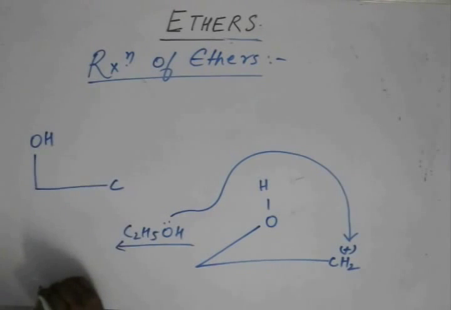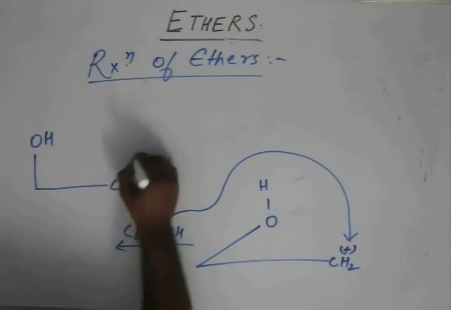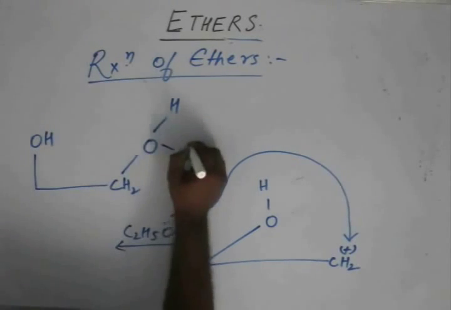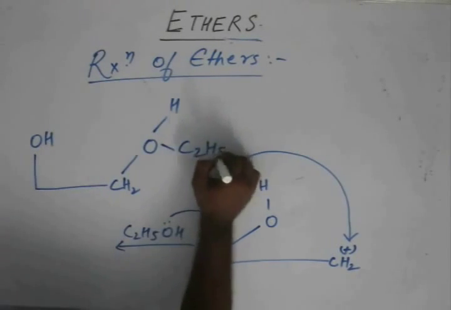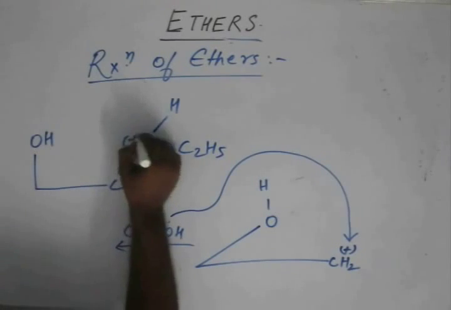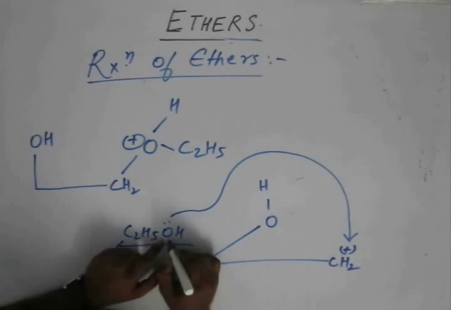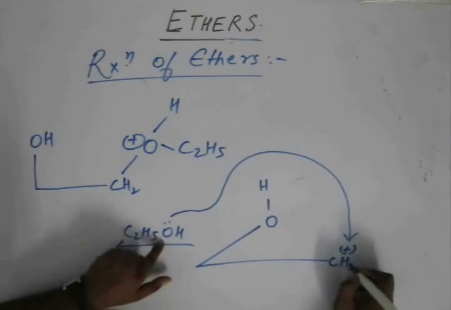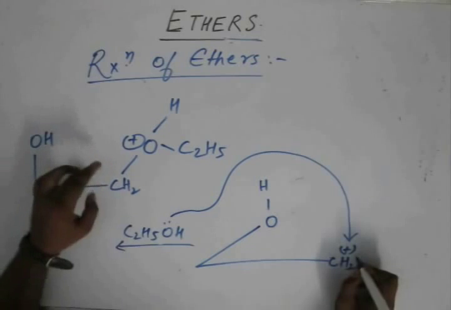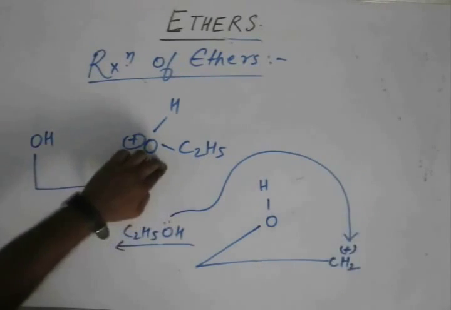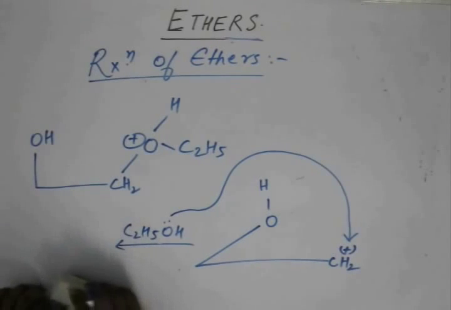We had a CH2 over here, to be very specific, and O, H, C2H5. Now this oxygen has the positive charge. When this oxygen atom attacks this carbocation, the plus charge is shifted to the oxygen atom. I hope you understand this simple reaction.